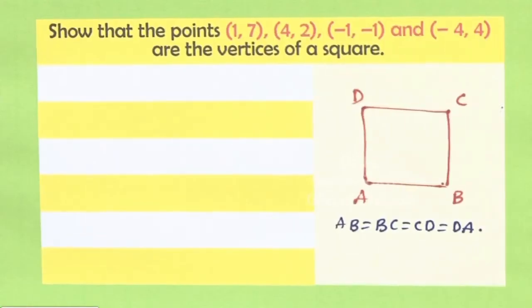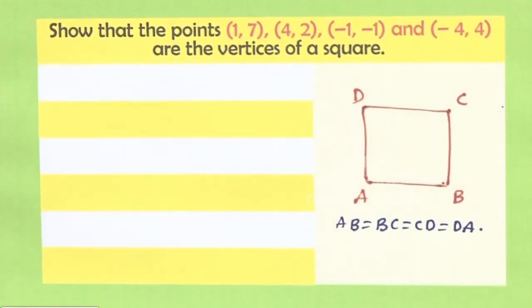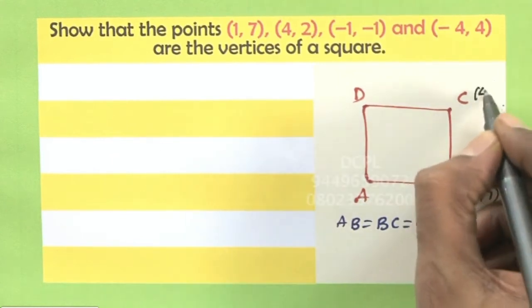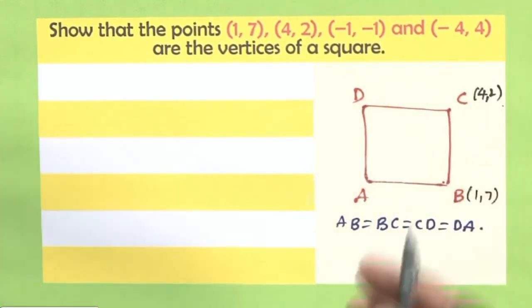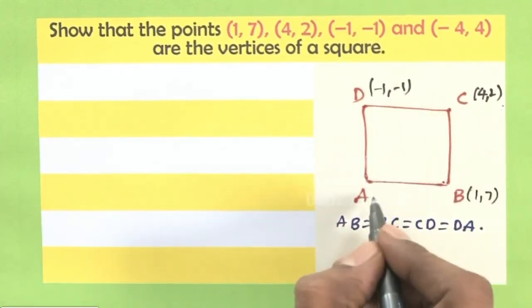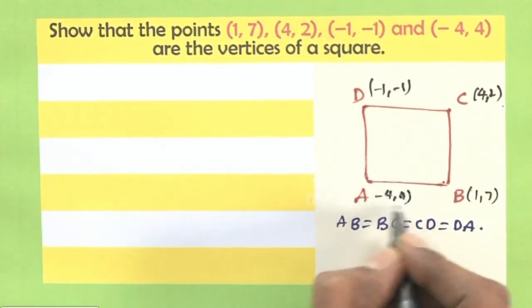Look at the question. Show that the points 1, 7, 4, 2, minus 1, minus 1, minus 4, 4. So let me call these A (1, 7), B (4, 2), C (minus 1, minus 1), D (minus 4, 4).